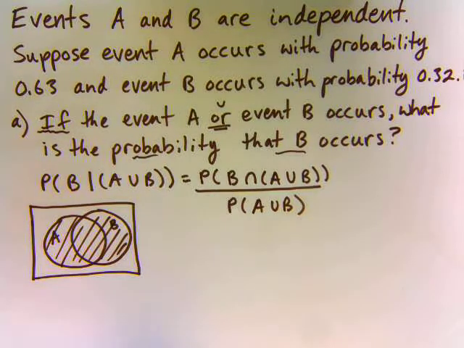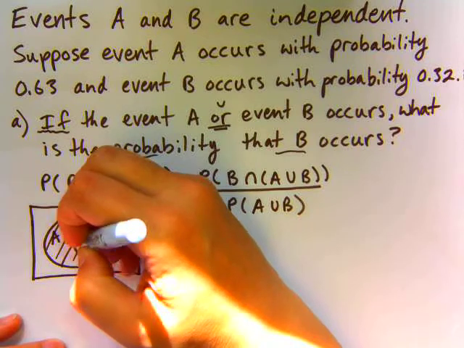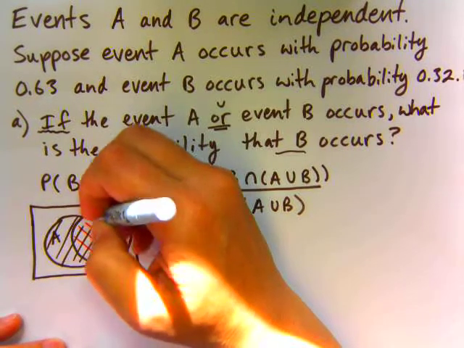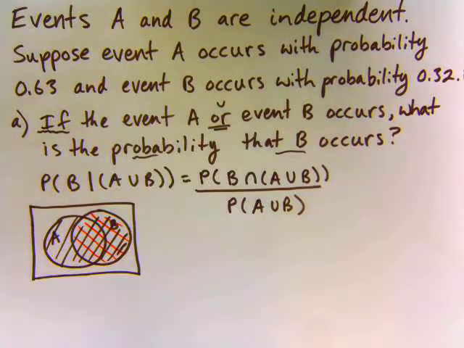The B itself, I'll go this way with a different color, is right in there. And we want where those two things intersect. Looking in here, where would be the hash marks going both directions?